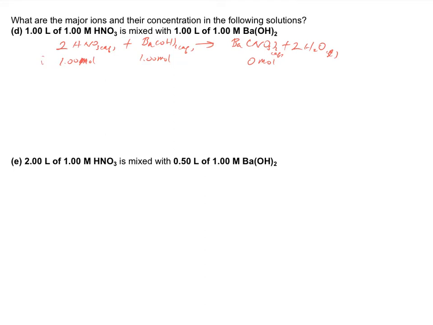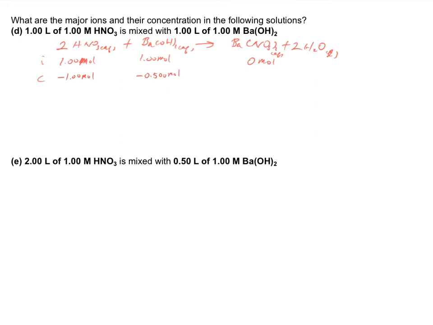In this case, you can figure out yourself that nitric acid is the limiting reagent and will be consumed completely, and the barium hydroxide is the excess reagent and will have something remaining.